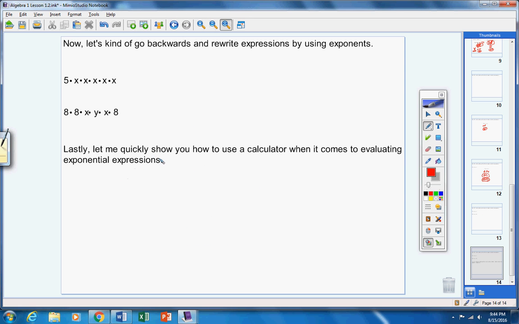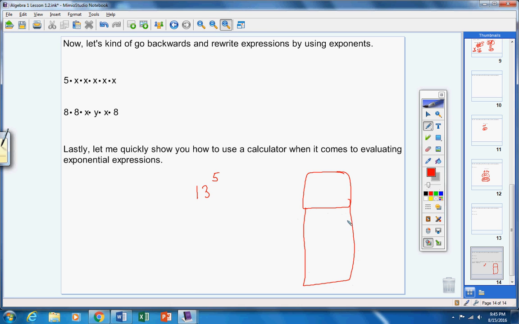Lastly, let me quickly show you how to use a calculator when it comes to evaluating exponential expressions, okay? Because sometimes we'll have something like this. 13 to the 5th power. And that's going to take a long time to take 13 times 13 times 13 times 13 times 13. So, if you have a TI graphing calculator, which you do not need to have one, but if you do, look on here's the screen and here's the rest of the calculator here.